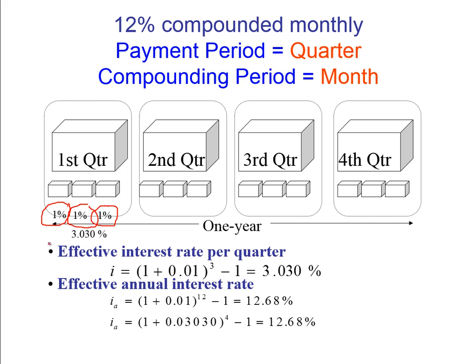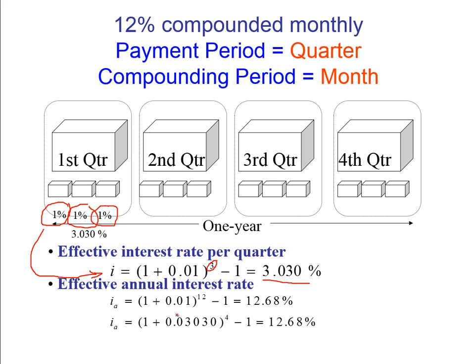Actually, we have to use this formula to calculate the effective rate per pay period, per quarter. 3 is the number of interest periods here, and 0.01 is the interest per month. Having that will give us an interest rate of 3.03%.